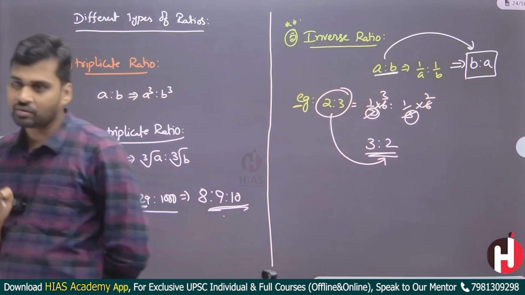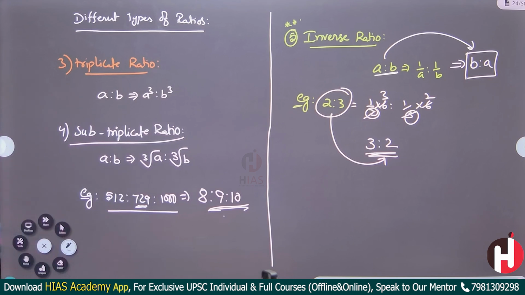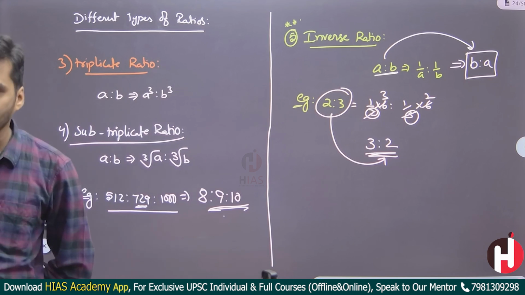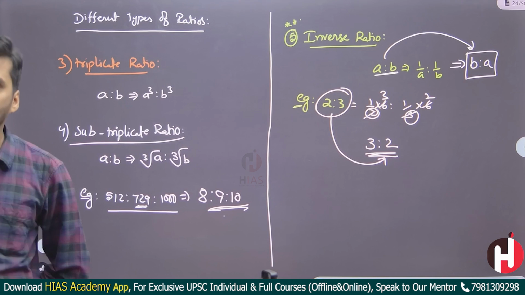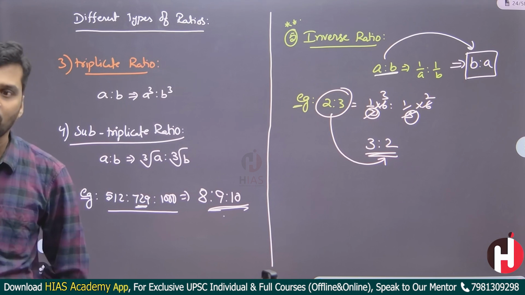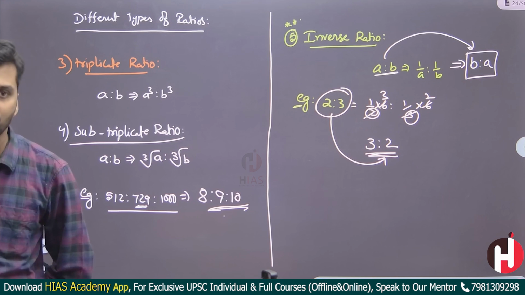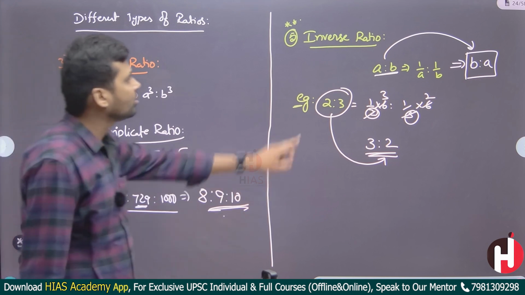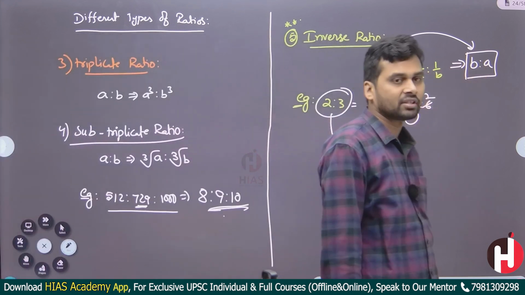For A is to B is to C you can't write it as C is to B is to A. Only for a 2-term ratio A is to B, we don't need to do anything, just flip that ratio. 2 is to 3, what is the inverse ratio? 3 is to 2. What is the inverse ratio of 16 is to 17? 17 is to 16. When you have 2 terms, you can immediately write the inverse ratio as B is to A.